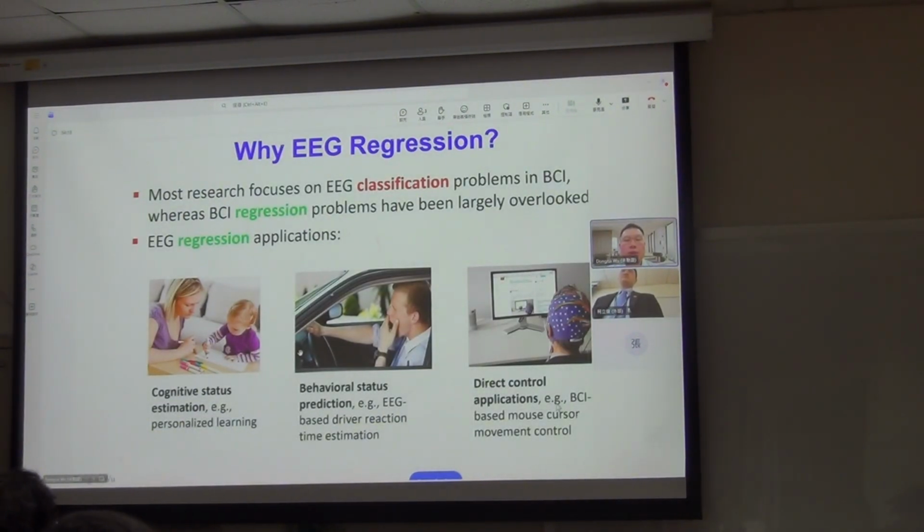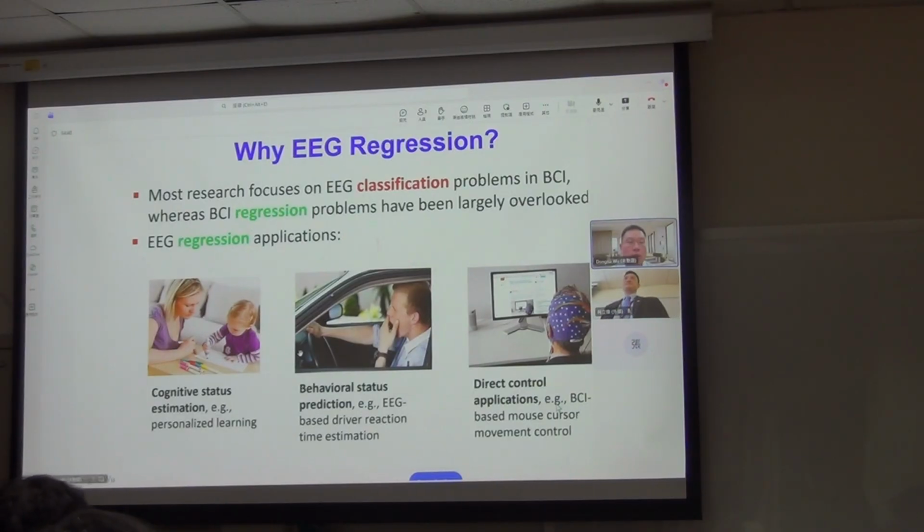In many other labs, most efforts were spent on classification problems in EEG-based BCIs. But in this talk, we consider regression problems in EEG-based BCIs. Why do we study such a problem? First, because BCI regression problems have been largely overlooked, but in EEG-based BCIs, there are many very useful regression applications.